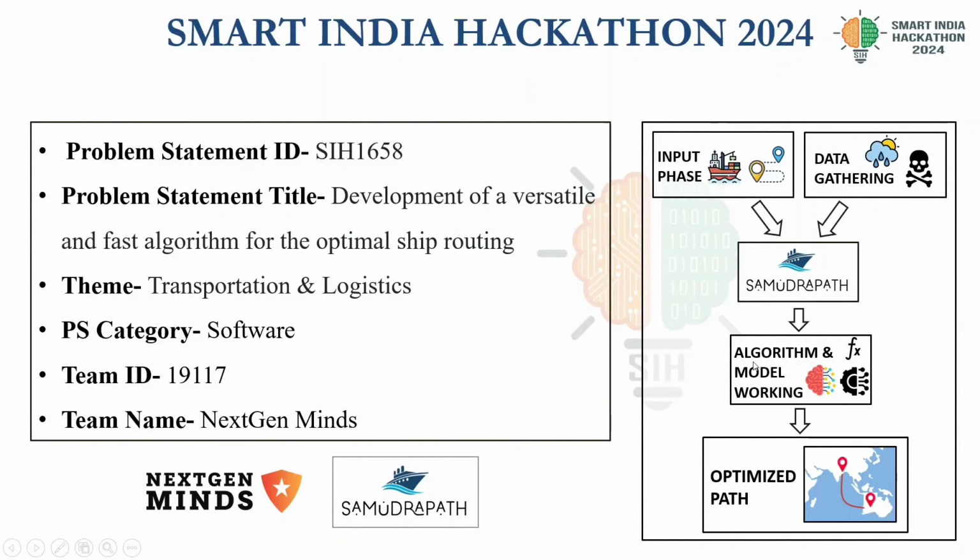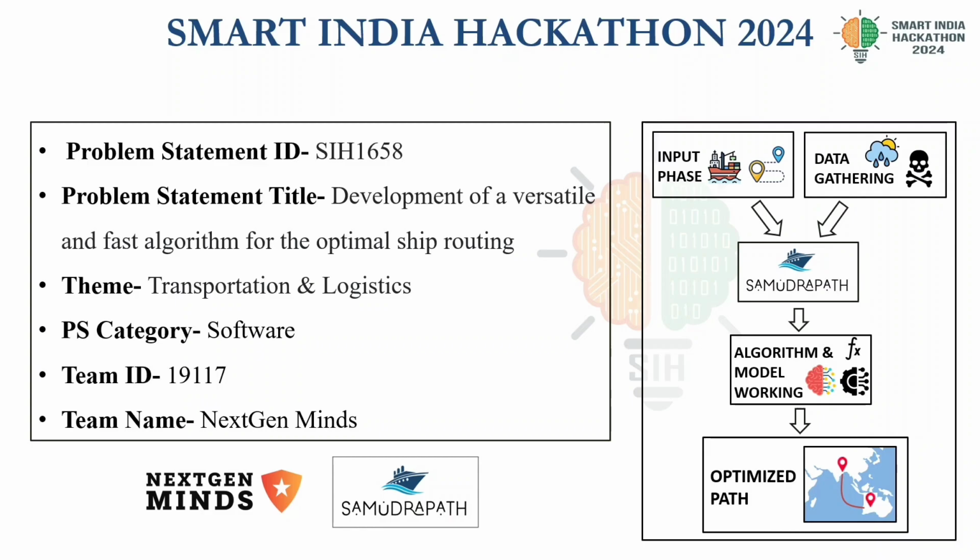Hello, we are Team Next Gen Minds, and our problem statement is development of a versatile and fast algorithm for the optimal ship routing. Samudrapath is a cutting-edge solution for the challenges faced by modern maritime transport.